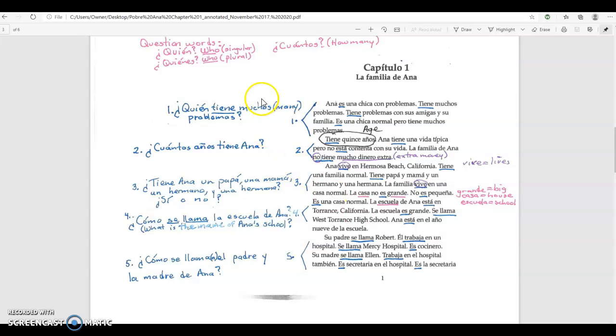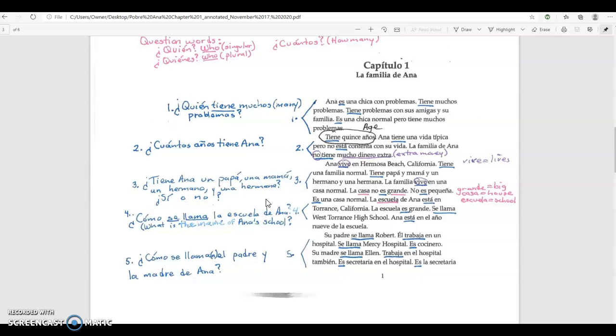Now, pages 1 through 2 ask you 6 questions, and I put it on the side margin. There are question words that I'm offering you at the top of the page to help you understand the question I'm asking.